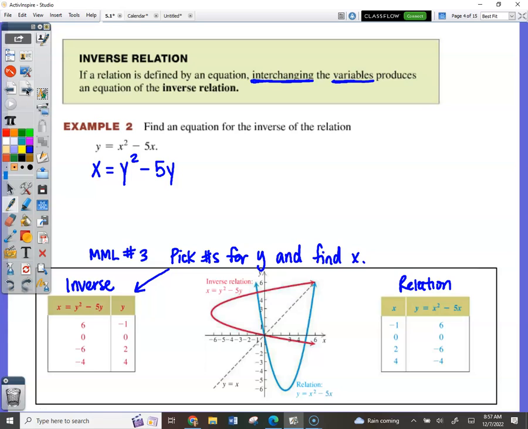If you don't like this backwards thinking, then you could just do the normal one, get some ordered pairs, and then to get the ordered pairs for the inverse, you would switch them, and then you should still get the same thing should you pick numbers for y and plug it in to find out what x is. Okay? All right. Next slide.